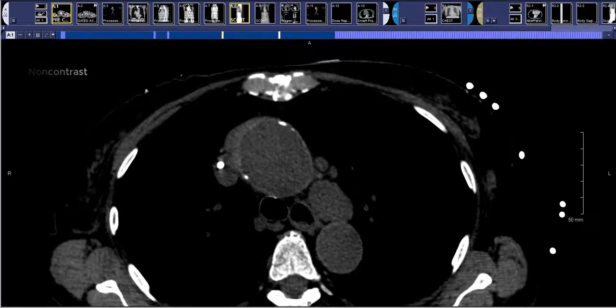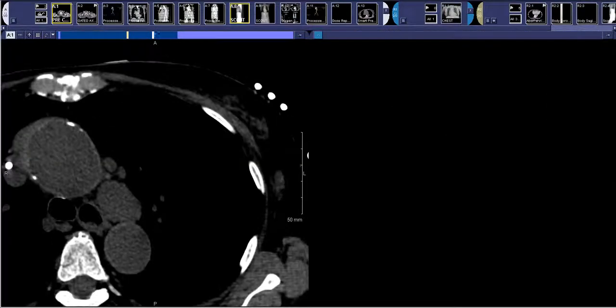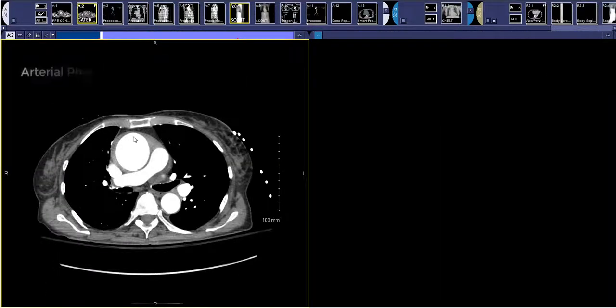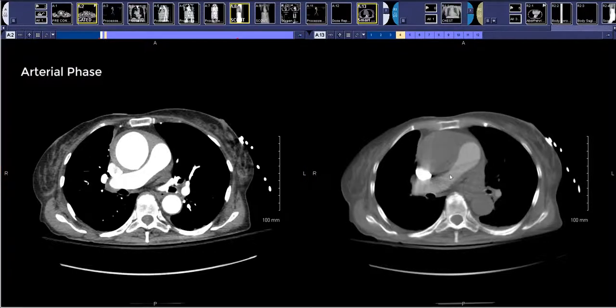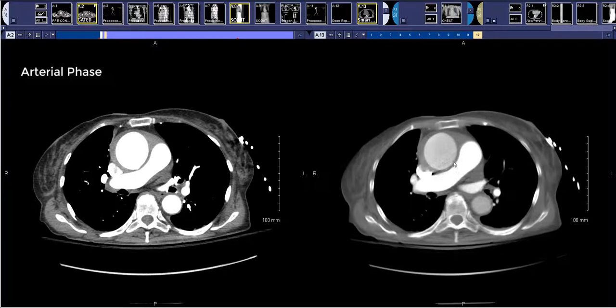The next phase that's obtained as part of an aortic CT is the arterial phase, and you can see it here where the contrast bolus is predominantly within the aortic lumen. To achieve this, we do something called a smart prep. If you look on the right hand of the screen, the technologists put a region of interest in the ascending aorta.